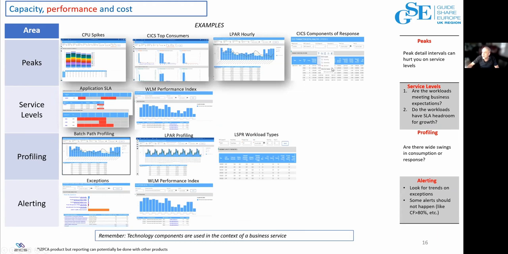Understanding the different pieces of the response time, which is CPU, IO time, and other delayed time. Understanding those pieces, and then tuning the largest pieces of the response time to ensure that your service levels are within the business objectives, I should say.